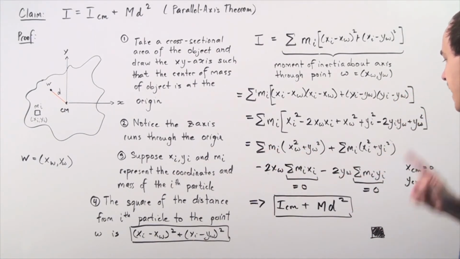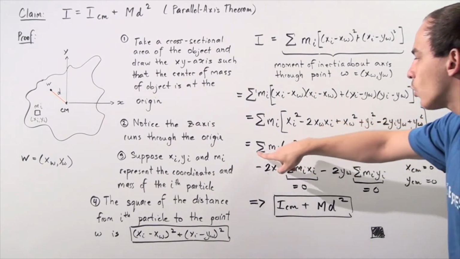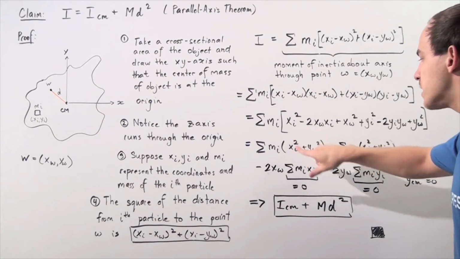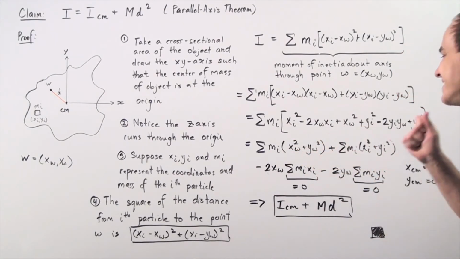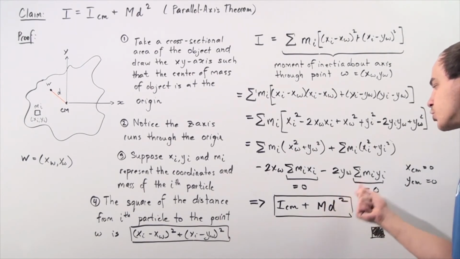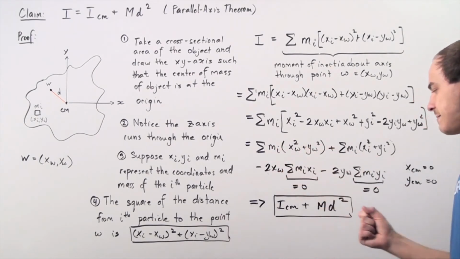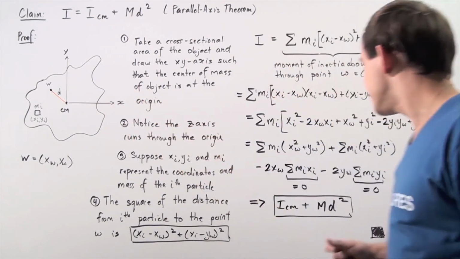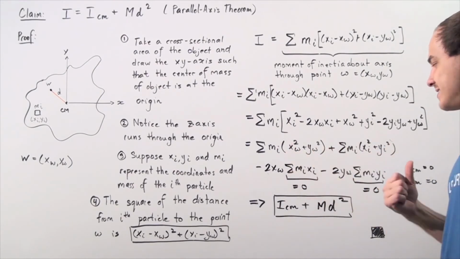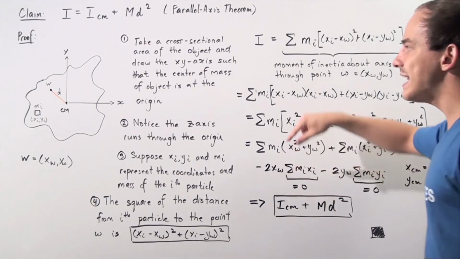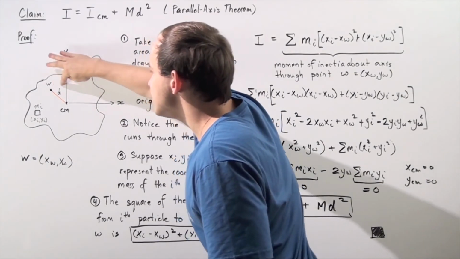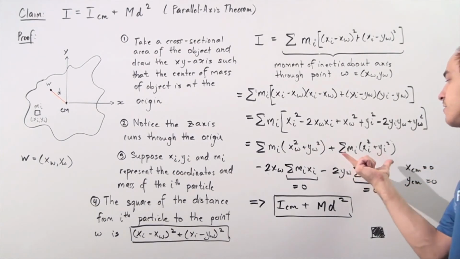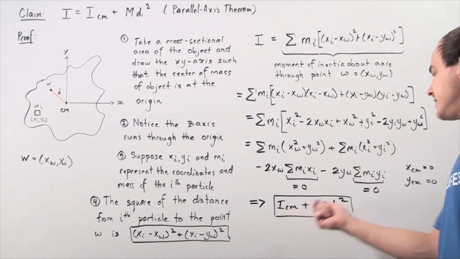Now, the summation of the products mi multiplied by xw squared plus yw squared is simply our md squared. So this quantity is the same thing as md squared, where the sum of all the particle masses is simply m, and this distance is simply d, because we said the distance from the origin to this position is d squared. So this becomes md squared.